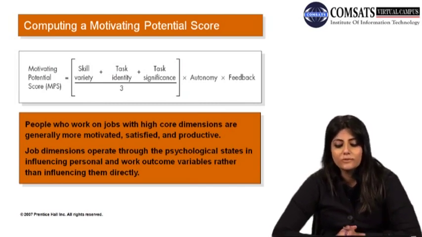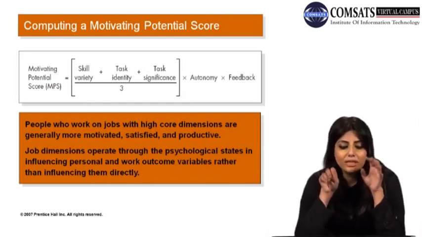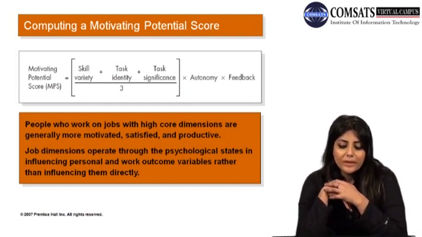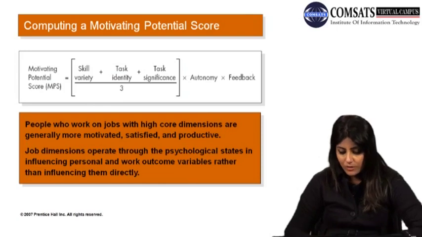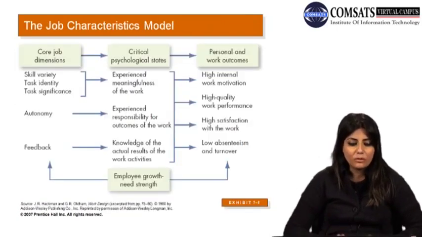So people who work on jobs with high core dimensions are generally more motivated, satisfied, and productive. And the dimensions which you can see within the brackets, the 3 dimensions, are the core dimensions. And job dimensions operate through the psychological states in influencing personal and work outcome variables rather than influencing them directly. So here we have the complete picture of the model.